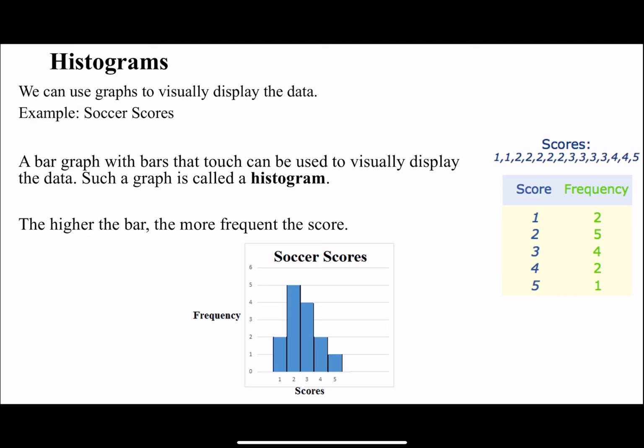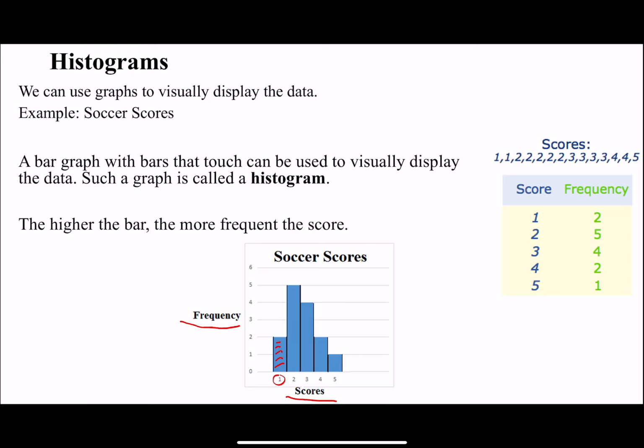If we go back to the soccer scores example, we know that the score 1 has frequency 2, so I have actually created a graph. The x-axis shows the scores, and the y-axis shows the frequency. So score 1 has frequency 2. Here we go, we have a bar here that is showing that.